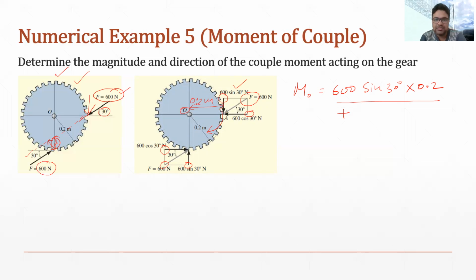This force is in the line of the point O, so there will be no moment from this force. But the other force, 600 cos 30, will generate a couple in this direction. So this will be 600 cos 30 degree multiplied by 0.2, and this is anti-clockwise, so we will take this as negative.